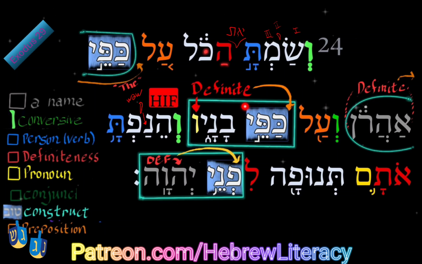Definite. So the palm areas of the sons of him, banaiv. Ve'henafta, and shall wave you, or elevate you, otam, them. Tenufa, an elevation offering, or a to and fro offering, it is.